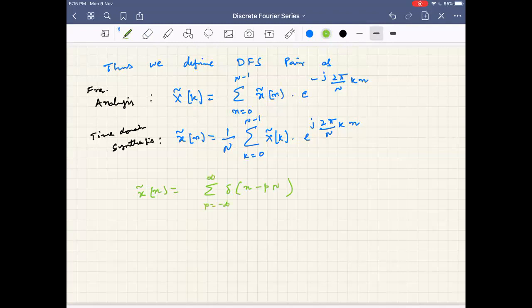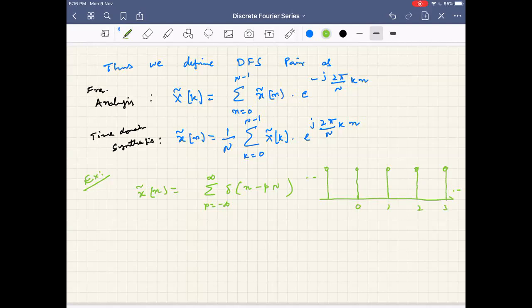So you can see that this is an example of a discrete impulse train. It keeps going on, even here. This is 0, then 1, 2, 3.